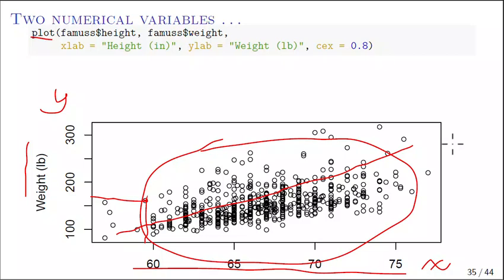That means the overall relationship between the height and the weight is positive, or equivalently, weight is positively related to height. But usually we do not say it the other way around. We do not say height is positively related to weight. That's why we put the weight as the y.